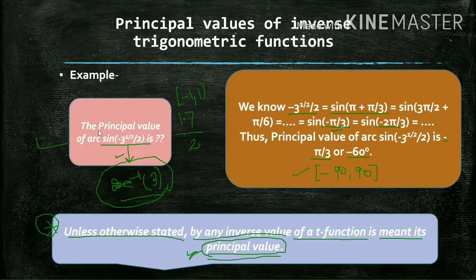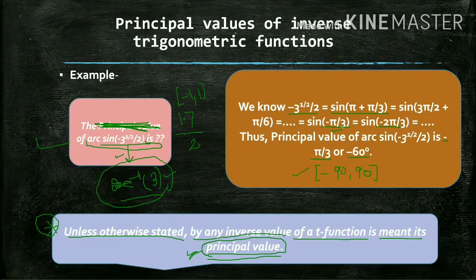Many times the question would not say the words principal value to you. They would just say what its value is. So you need to remember that you have to find the principal value.